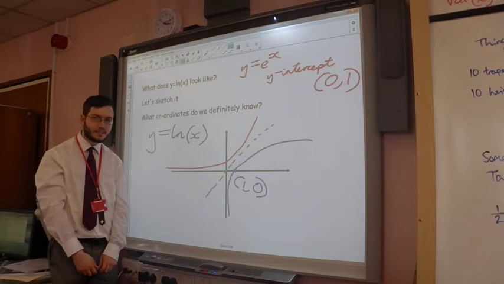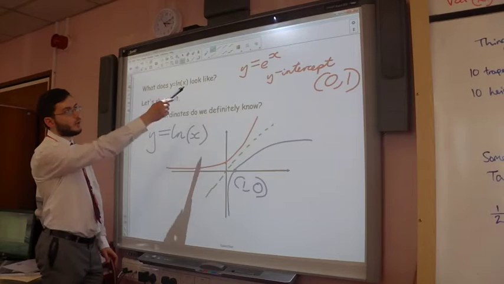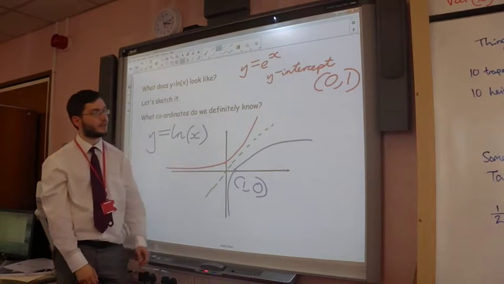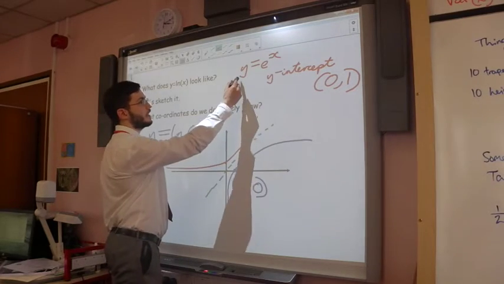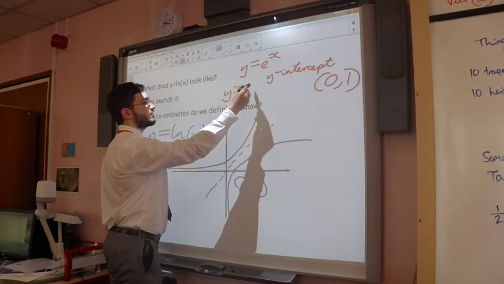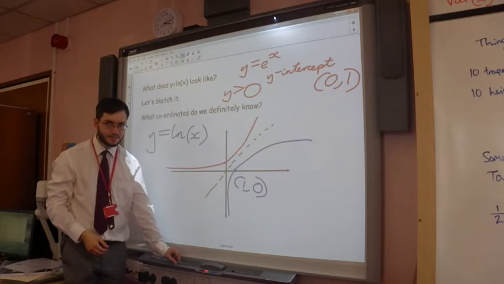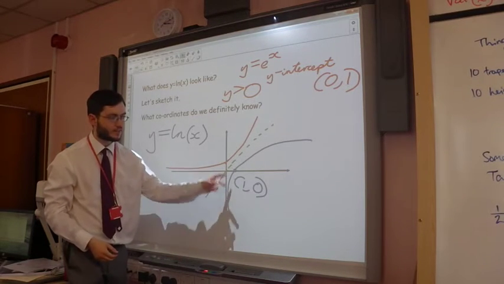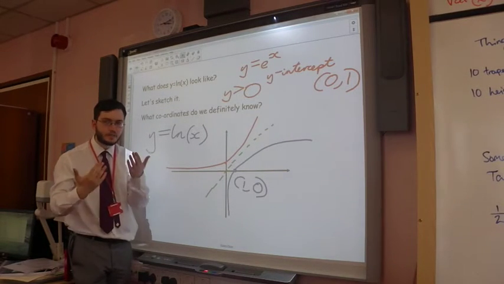Now, you might think I'm done here, but I'm not, because y equals e to the x always has a positive y value, okay? Y is always greater than 0. Now, you might think this isn't a problem because this current curve always has a positive x value as a mirror image.